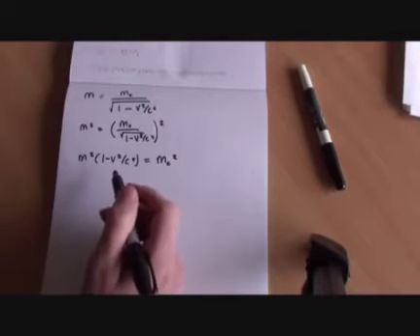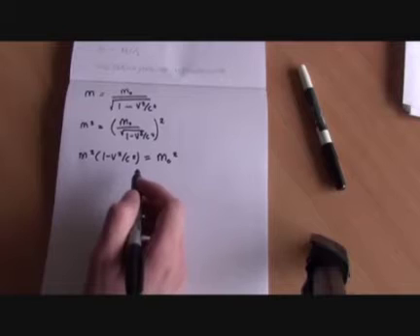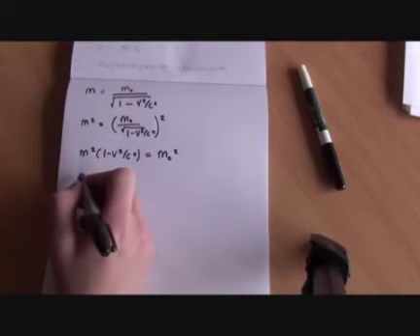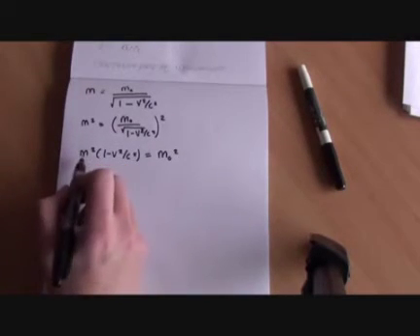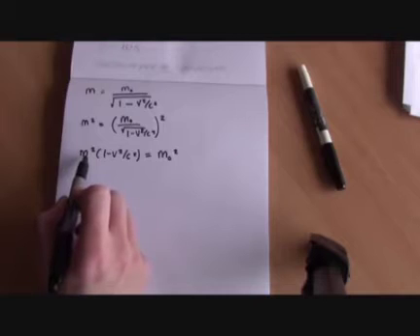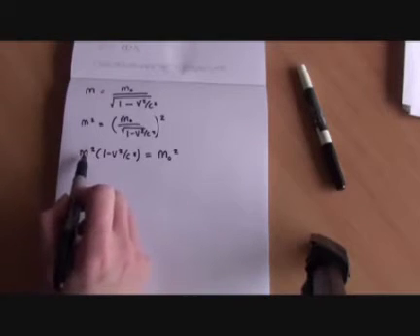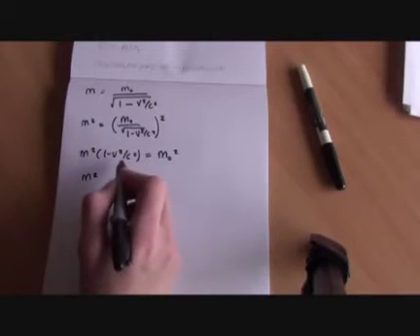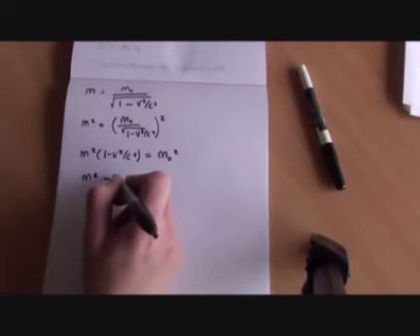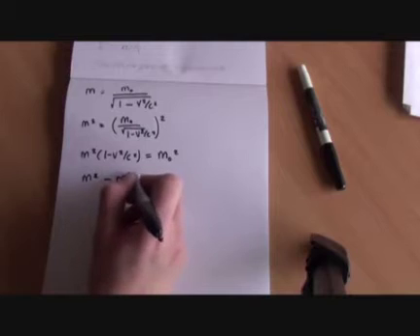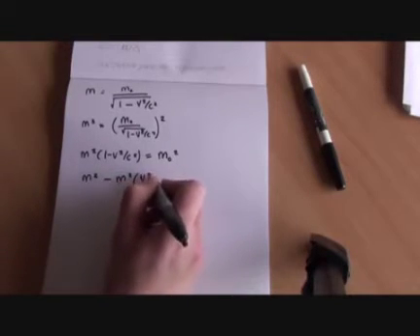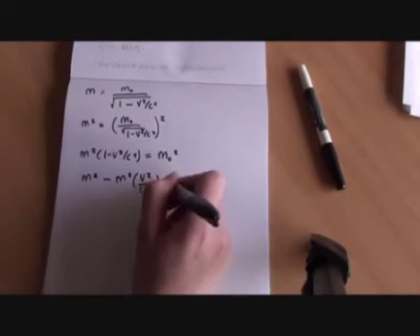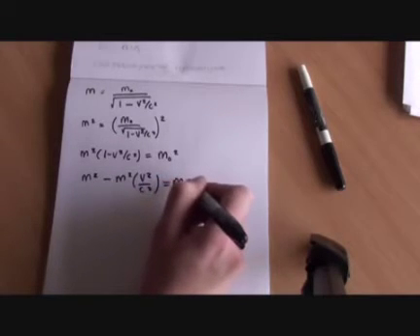Now, we're going to multiply both sides by c², and we get this relationship going on. Well, first of all, let's rearrange this out first before we do that. m² times 1 is going to be m². m² times all of that, well, let's do it. It's m² times v² over c², and that all comes out as m0².